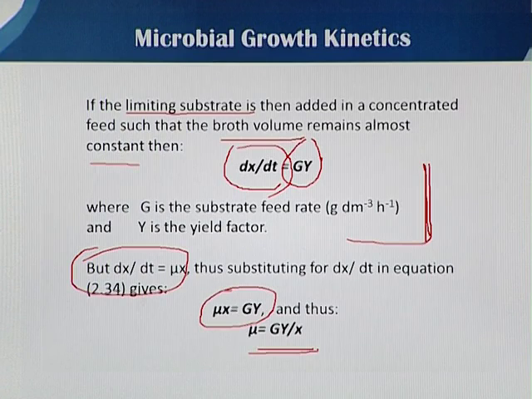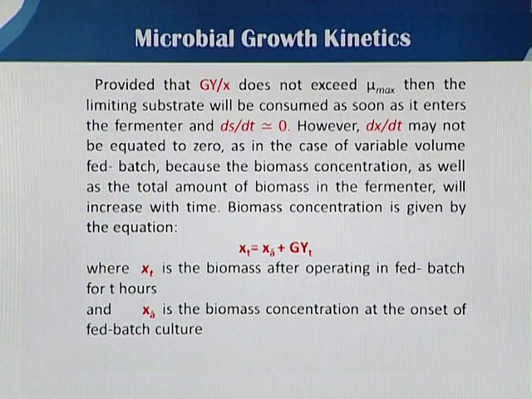Then we can easily calculate the specific growth rate in a fixed volume fed batch, provided that GY over X does not exceed mu max. So mu, which is GY over X, is equal to the mu in the previous slide, and that does not exceed mu max.